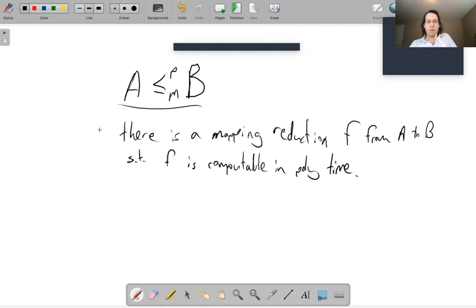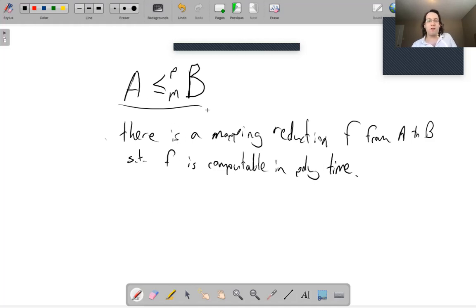In other words, before we had a way of converting the question of whether a string is in A to the question of whether a string is in B, and that conversion was computable. Now that conversion is efficiently computable, where we take polynomial time to mean efficient computation. So it's the same thing as before, except the conversion is now efficient.